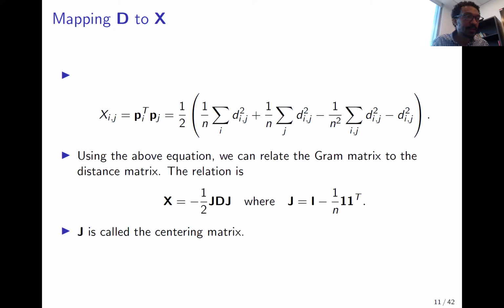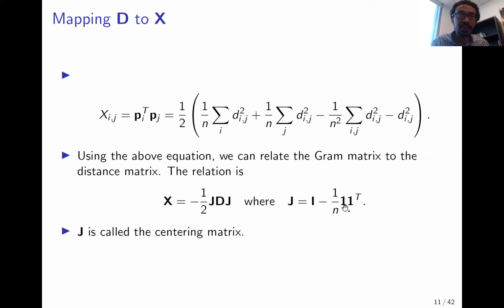Of course, now that we have written each entry of the gram matrix, our goal is to ask: can we write the gram matrix compactly as a function of the squared distance matrix? And the answer is yes. The full gram matrix X can be written as minus a half J D J. This J matrix that you see is called the centering matrix.